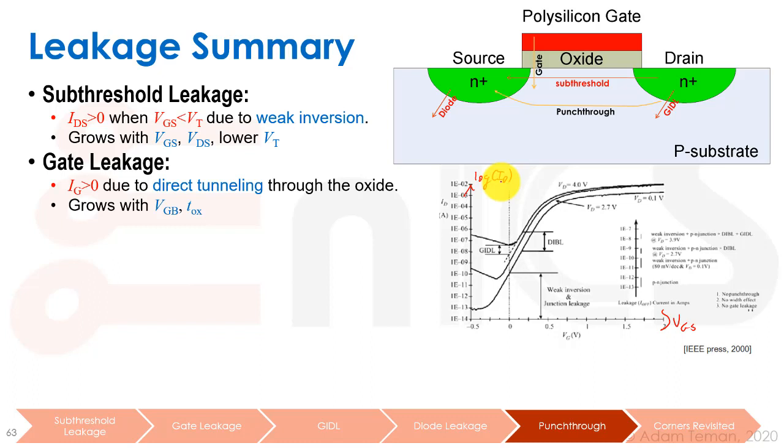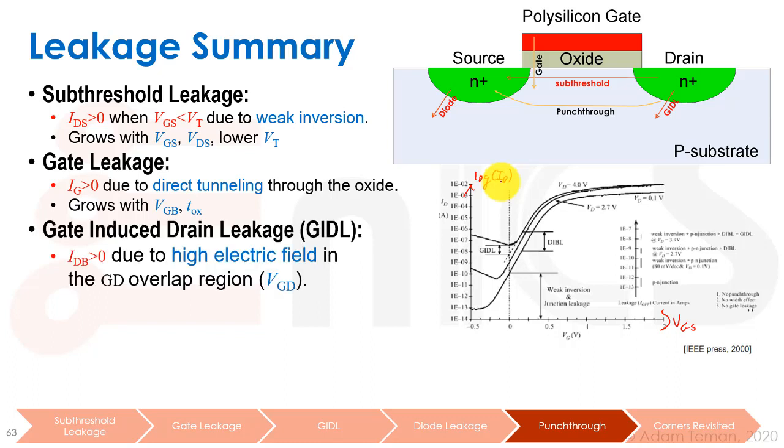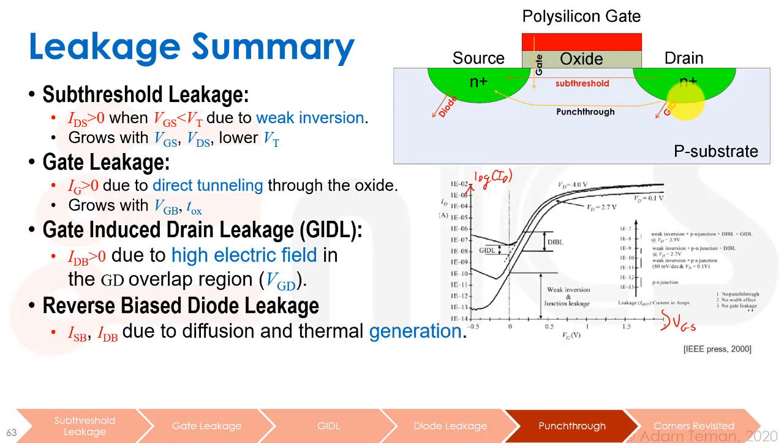Okay, we have gate leakage, which means that the gate current is larger than 0, and this is due to direct tunneling through the oxide. It grows with the gate to body or gate to channel voltage and the oxide thickness. Gate-induced drain leakage, or GIDL, is a drain to body leakage due to higher electric fields in the gate-drain overlap region of the drain, and it's dependent on VGD.